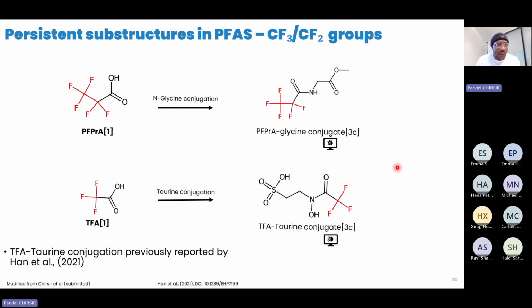What was also interesting about PFAS is that we found some amino acid conjugated transformation products, such as the glycine and taurine conjugations. This has also been previously reported in literature, showing that these could be important routes for environmental contamination for PFAS.